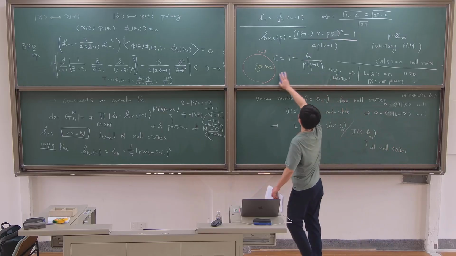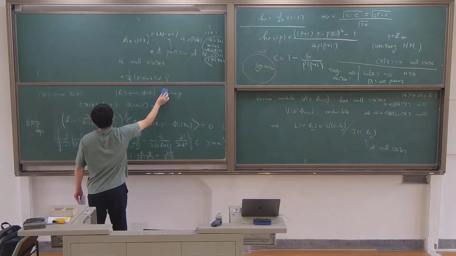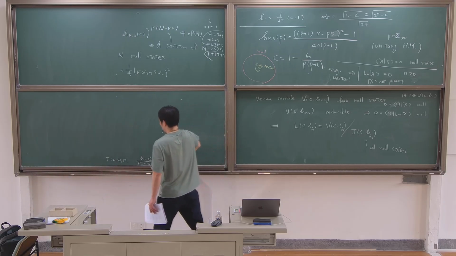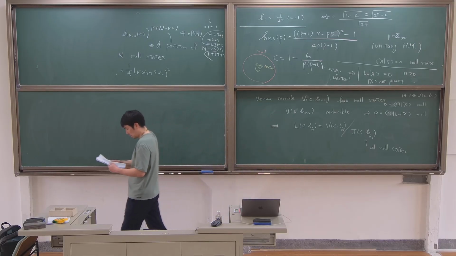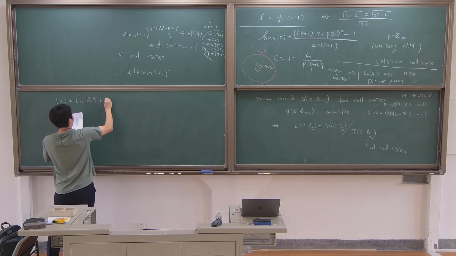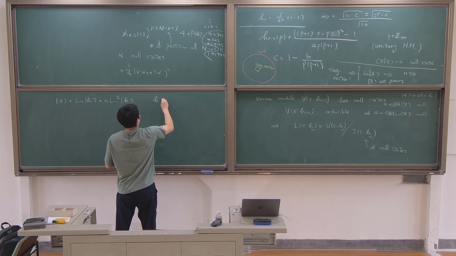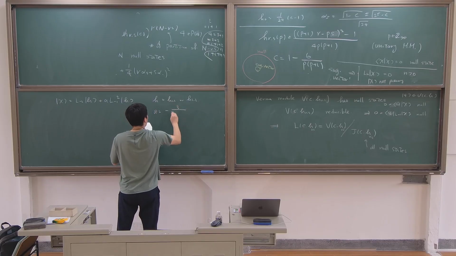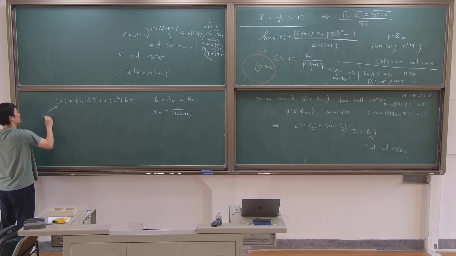So let me, sorry. This chi is L minus 2 H plus A L minus 1 squared H, and when H is equal to H12 or H21, and A is equal to minus 3, then this guy is a singular vector.